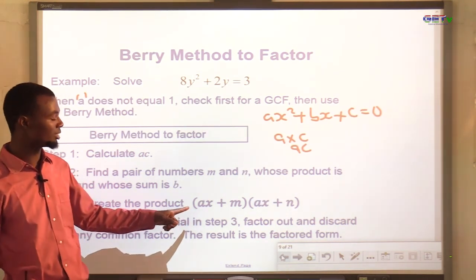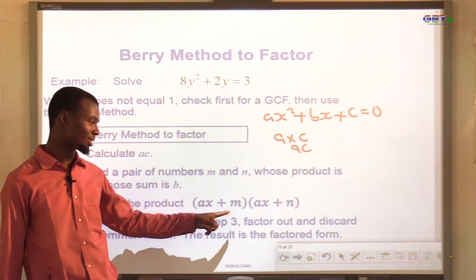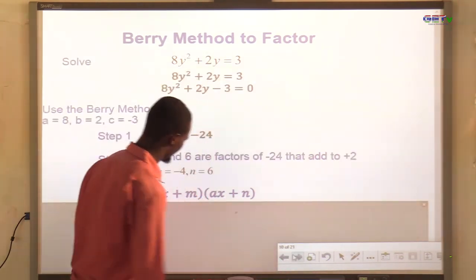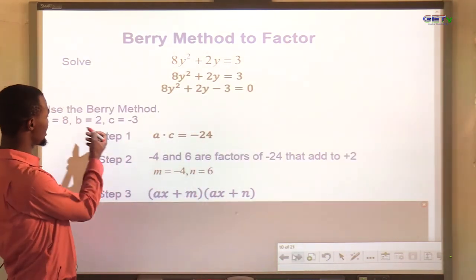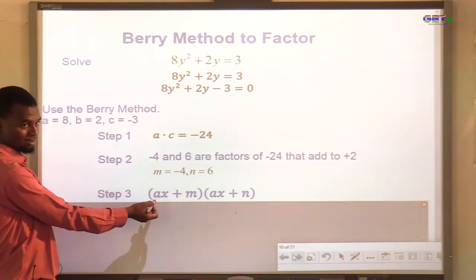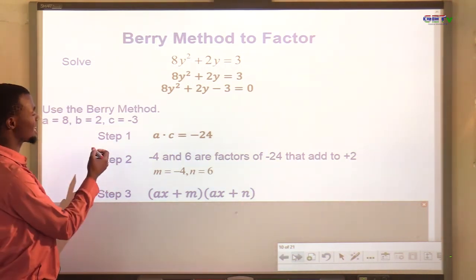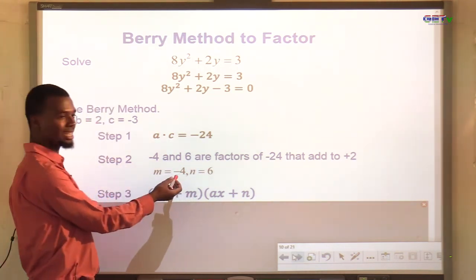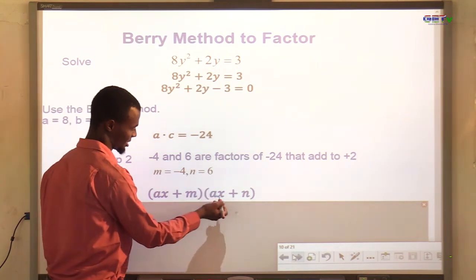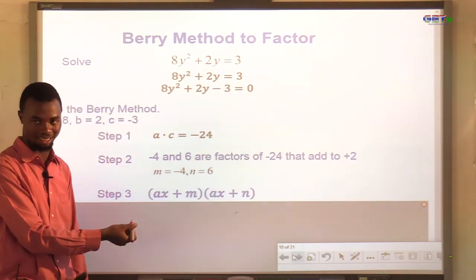You have to create it in this form, ax plus m and ax plus n. As we have our a as 8, we put 8 in the place of a, and we have our m as -4, and our n as 6. So we substitute the values there as they are.